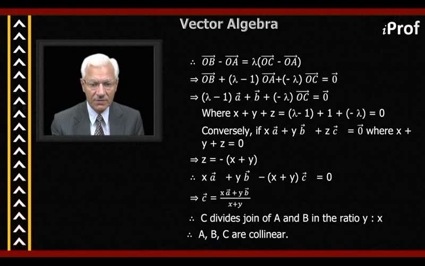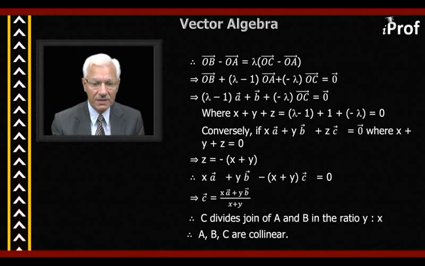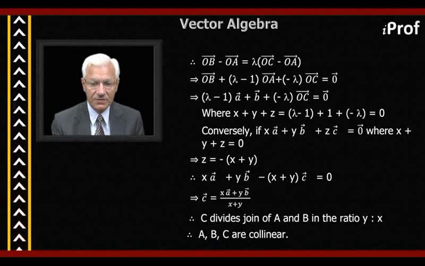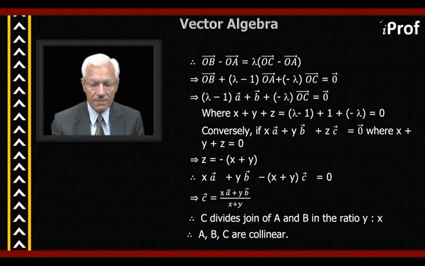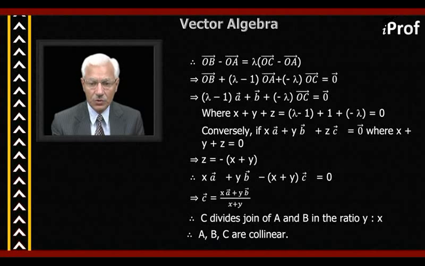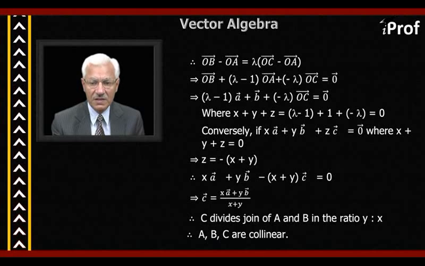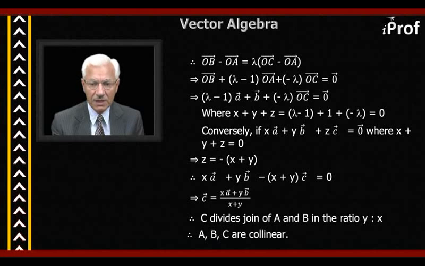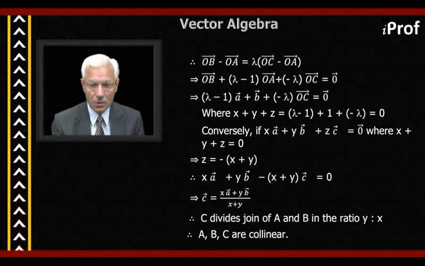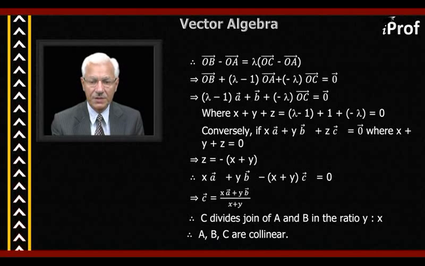Substituting for z in the given relation, we get xA plus yB minus (x plus y) times vector C is equal to 0, giving thereby C is equal to (x times A plus y times B) upon (x plus y), which shows C, whose position vector is c, divides the join of A and B in the ratio y is to x. Or in other words, A, B, C are collinear.